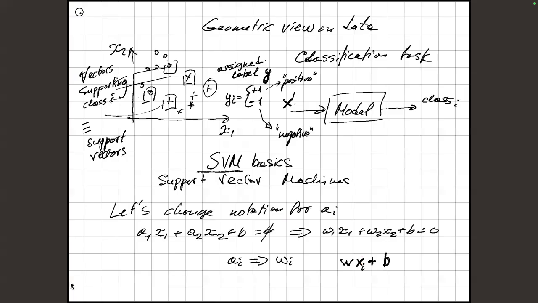Whatever sample we take, we put it into the model, and our model should give values greater than or equal to 1 for all samples with yi equals 1, and w x_i plus b should be smaller than 1 for yi equals -1. So that's our constraint.